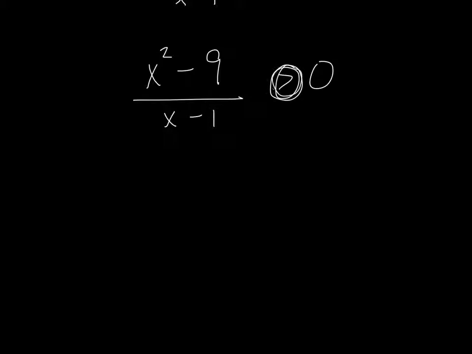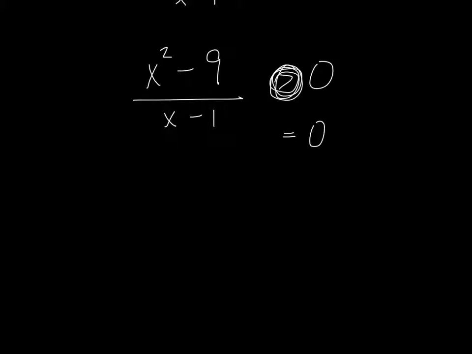Now what we're going to do is change this into an equals. How can a fraction equal 0? The top must be 0. And what about the bottom? Must be something other, must be not 0.